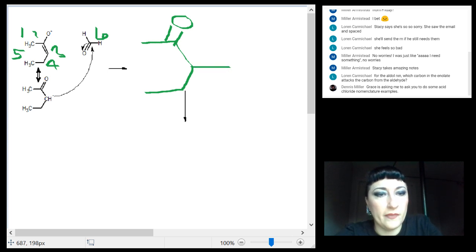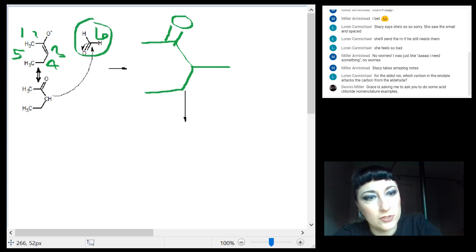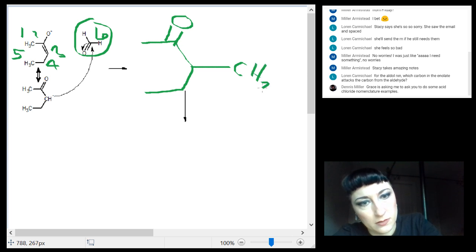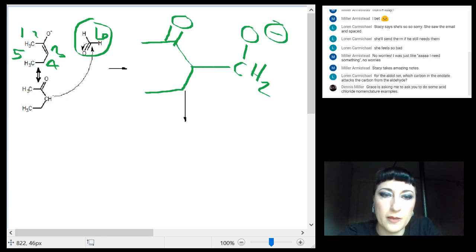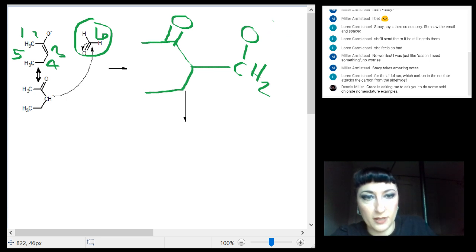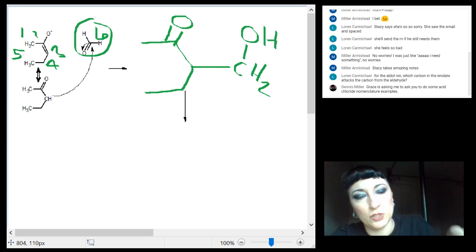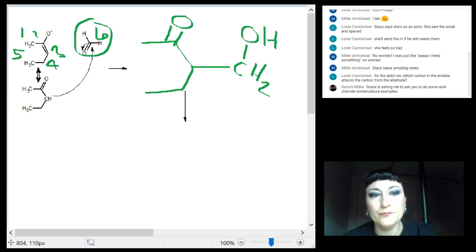And then on that alpha carbon, I attached to this guy over here. So carbon with 2 hydrogens on it and an O. Okay, that's going to get protonated. I'm not going to show that step, but you would end up basically getting that molecule.